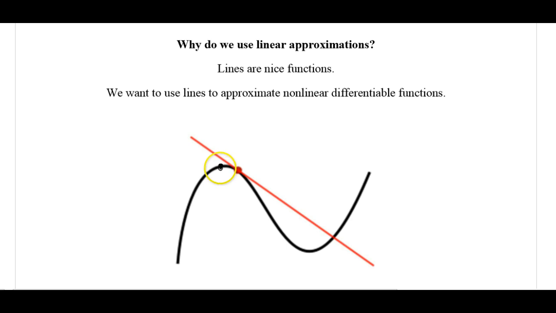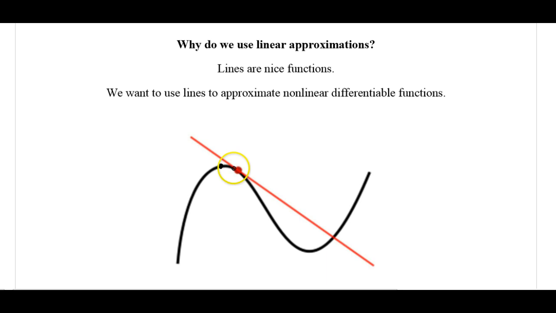So what we want to do instead is recognize that this red line, this tangent line that we are used to finding by now, the equation of this line is pretty close to this curve at the point of tangency and all points near the point of tangency.